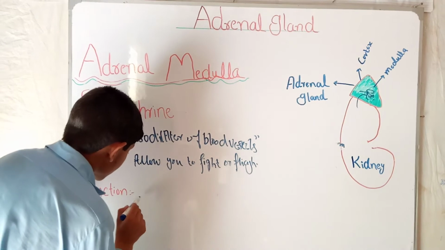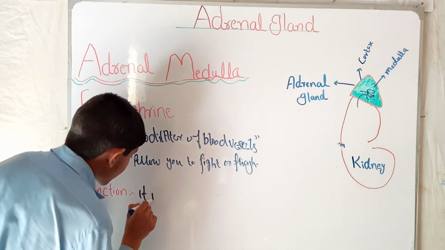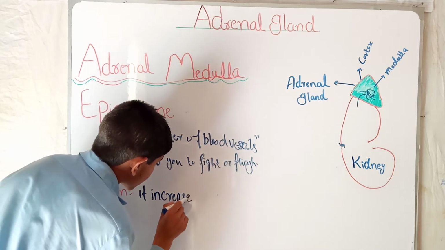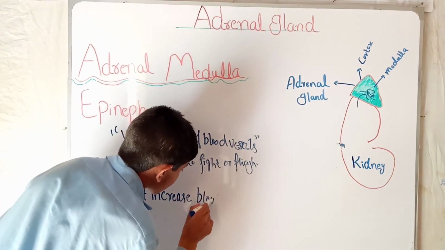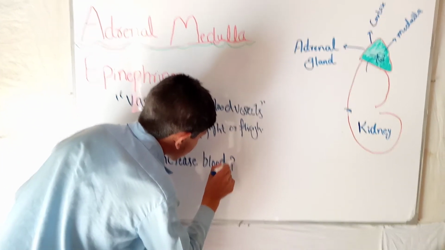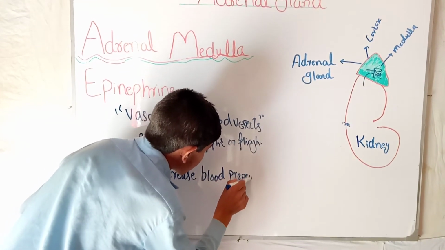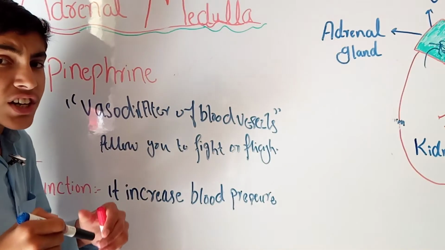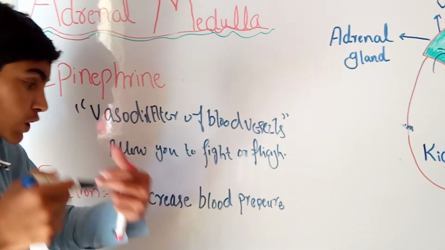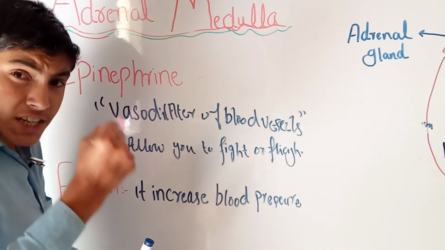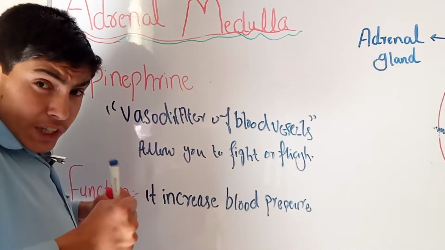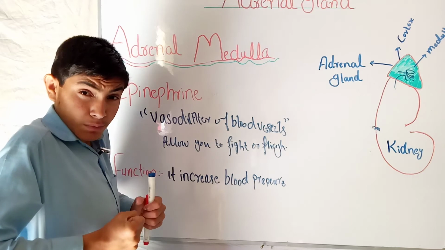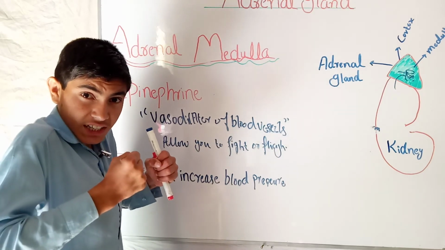It increases blood pressure. Okay. So when you are in your anger and you are fighting with someone, your vessels become vasodilated and the blood pressure is so high that you become reddish in color.